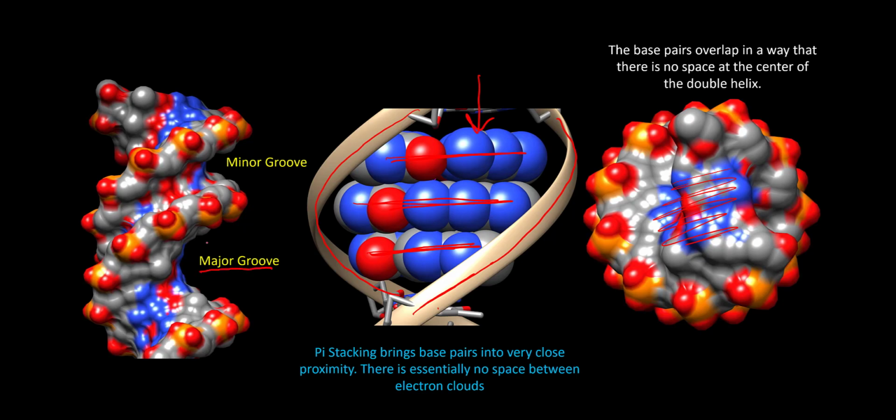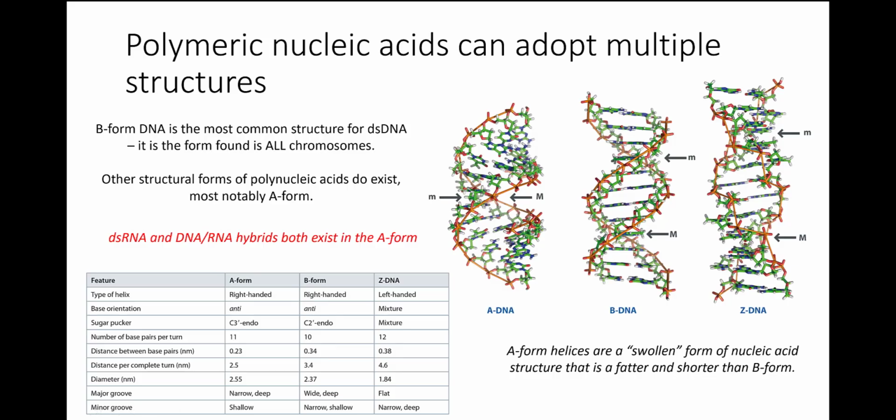The major groove is wide, right? It's quite wide here, and deep. The minor groove is much more narrow, and it's not as deep. Okay, so these are some really dominant characteristics that we can observe when we're looking at the structures of these nucleic acid polymers.